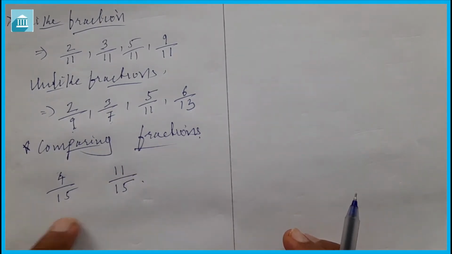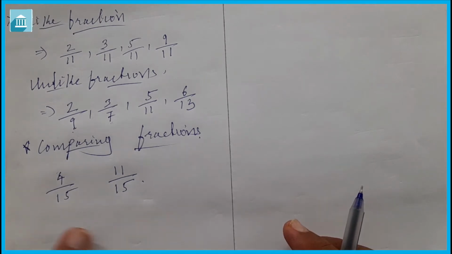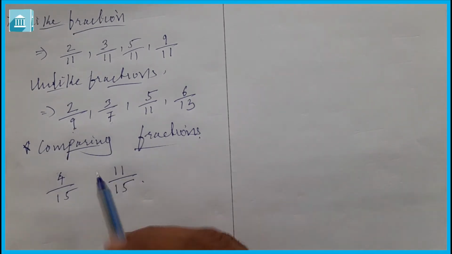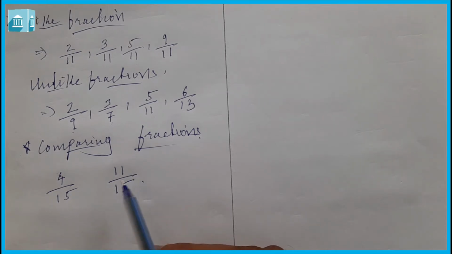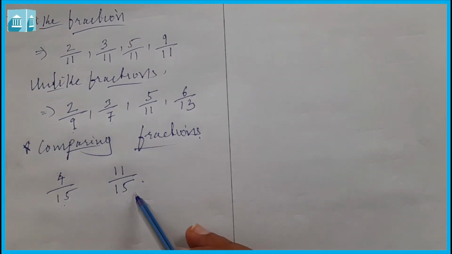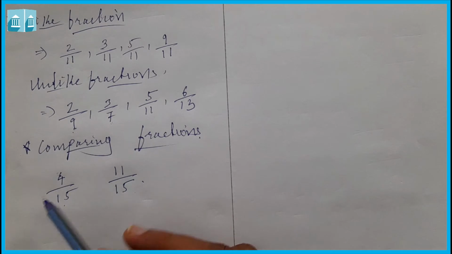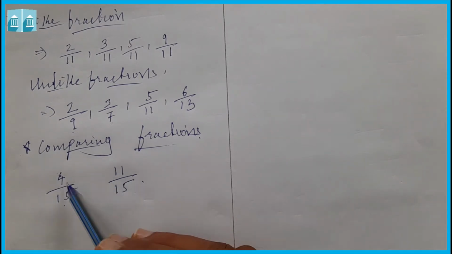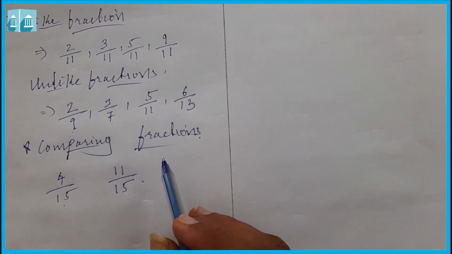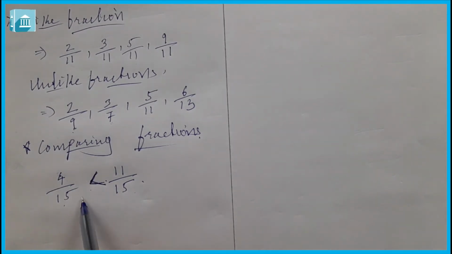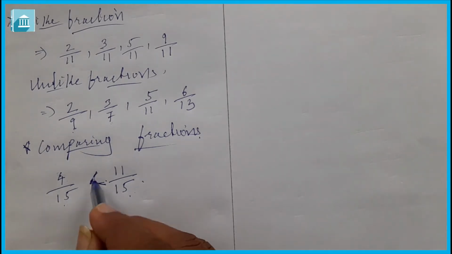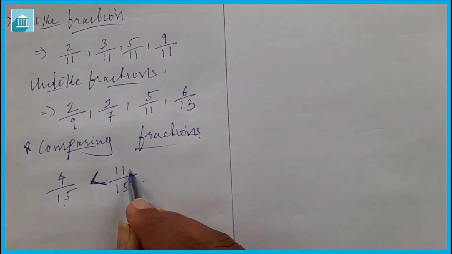Here in both the fractions the denominators are the same. When the denominators are the same, we have to see the numerator. This you had already done in standard 5th. The fraction whose numerator is greater, that fraction is greater. So when the denominators are the same, we have to consider the numerator.